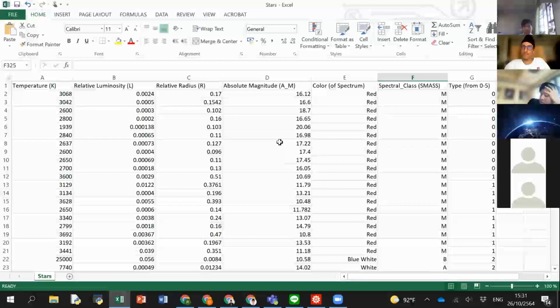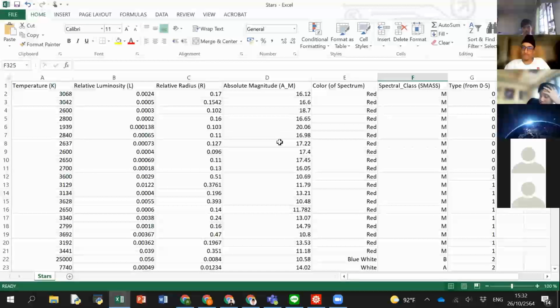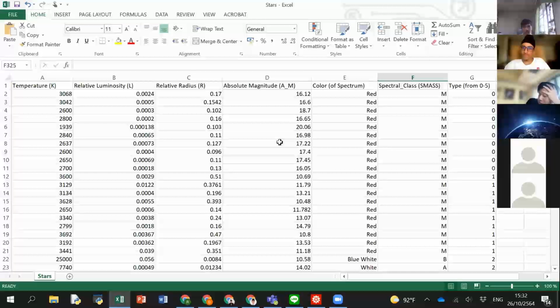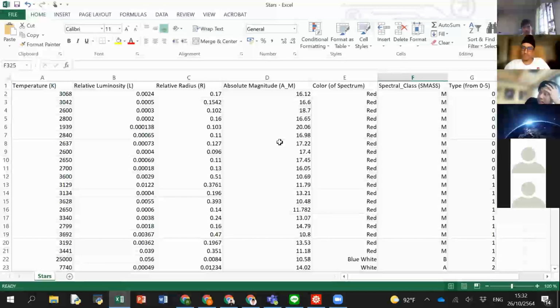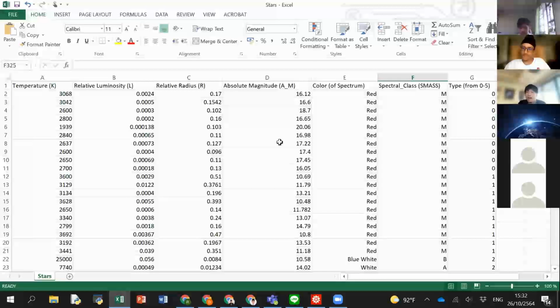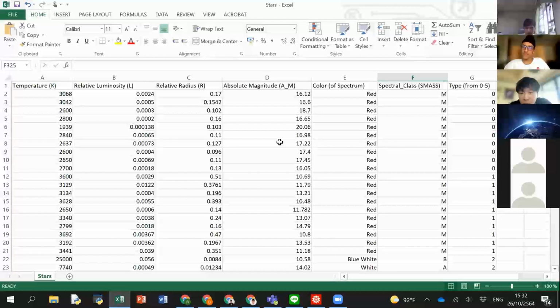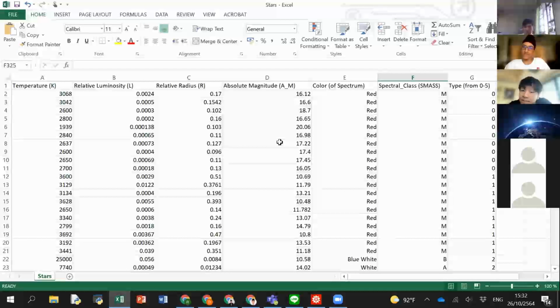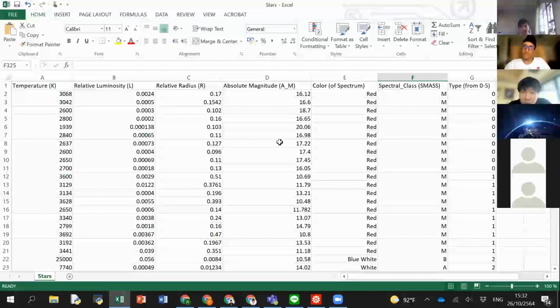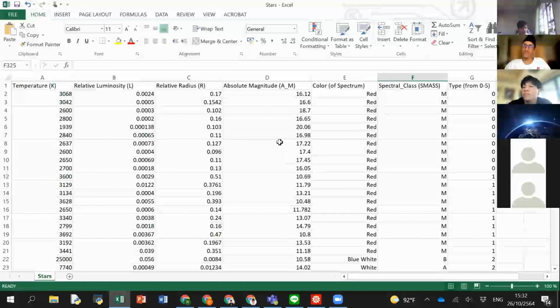You can literally look at a new star or an old star, take all the measurements, and fill in the temperature, relative luminosity, relative radius, absolute magnitude, into a NASA database, right? And based on that, literally, find that star or the star that's nearest to that characteristic. And that one will already have a classification.